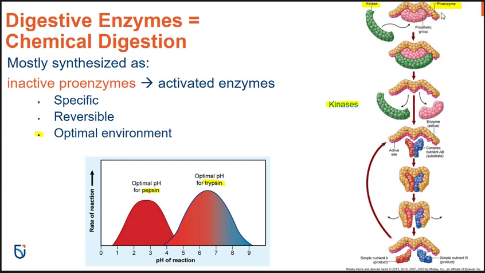A proenzyme, once again, is a digestive enzyme that's inactive, that's released from some accessory organ or some digestive organ that releases it. It is combined with this prosthetic group in pink. When kinases are present, which we know are involved in actually activating the proenzyme, it will bind to it.